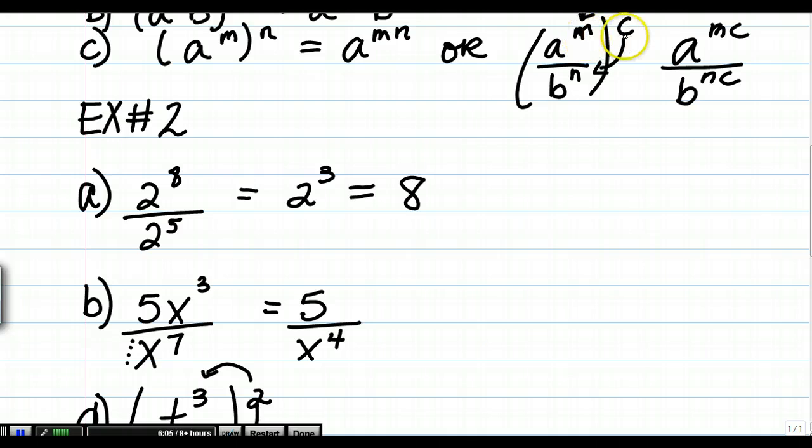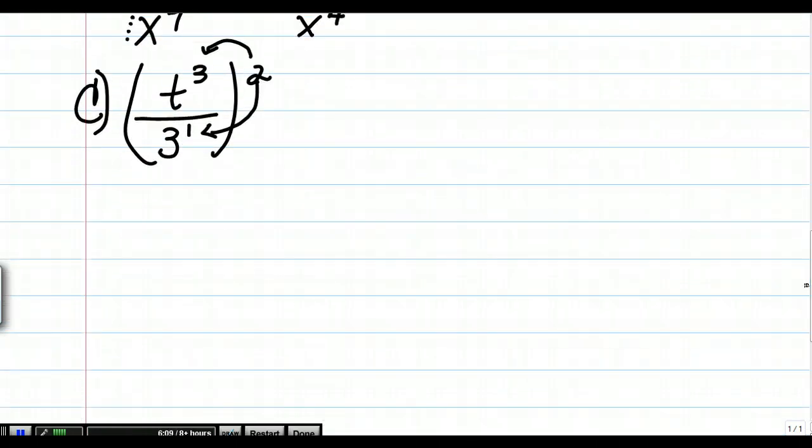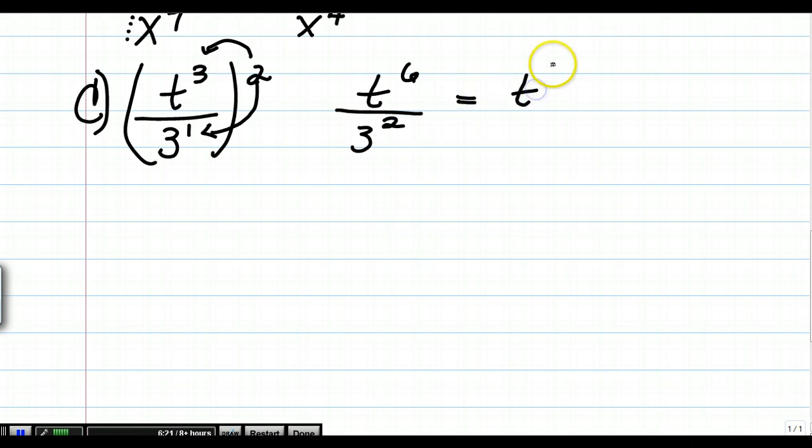Remember, we did c times n, c times n. So 3 times 2 is 6, and 1 times 2 is 2. And you know that you can reduce 3 squared to 9. And then this is your final answer.